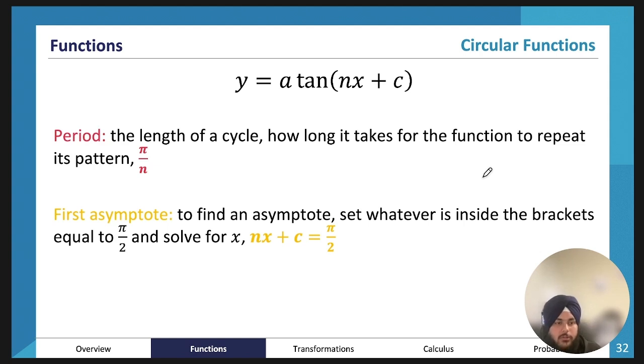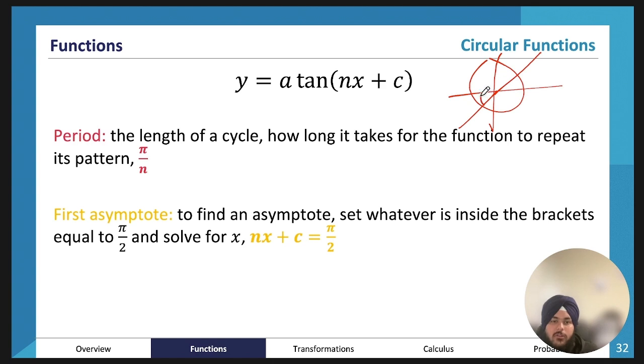Okay, so now we'll have a quick look at the tangent function. The tangent function again looks very similar in form to cos and sine functions. However, in this case, the period is going to be pi over n. If you remember back to the unit circle, tan was positive here and also here.